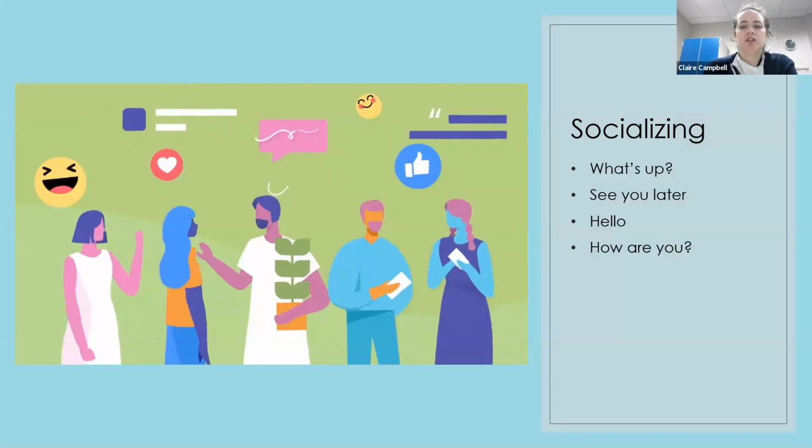We do lots of socializing. So these are all core: what's up, see you later, hello, how are you? And these are huge goals we have for a lot of our kids, because either they have a disorder where they're not socializing much, such as autism, or they have had trouble being able to socialize because of their lack of communication or motor skills, in the case of many of our kiddos with cerebral palsy, with some of the genetic disorders.